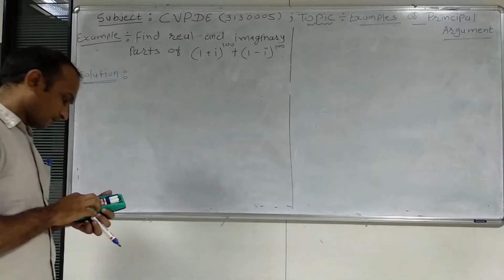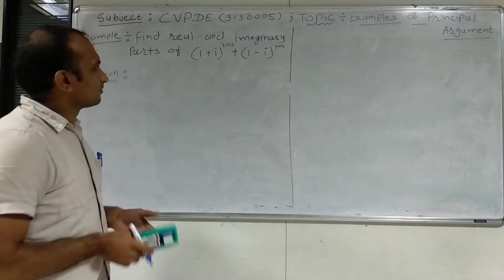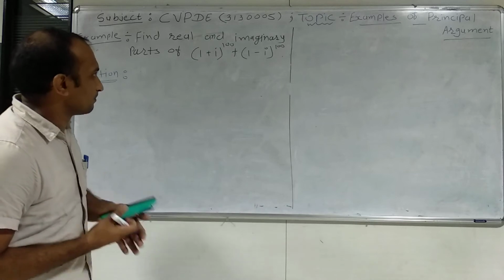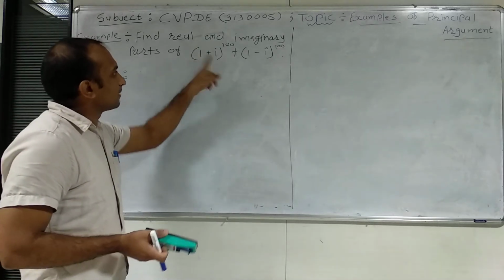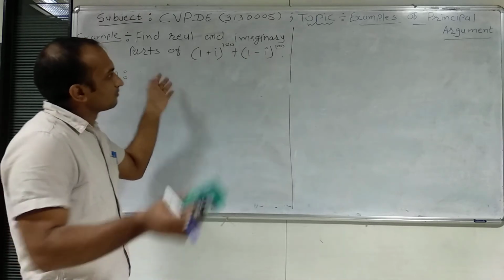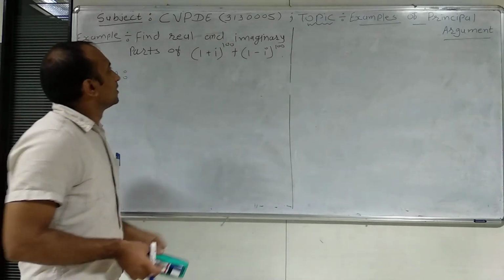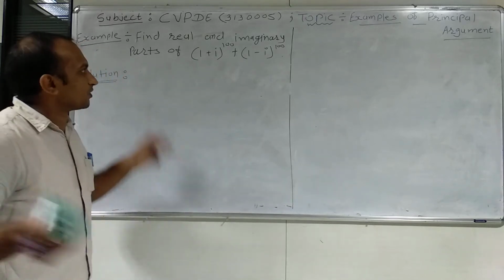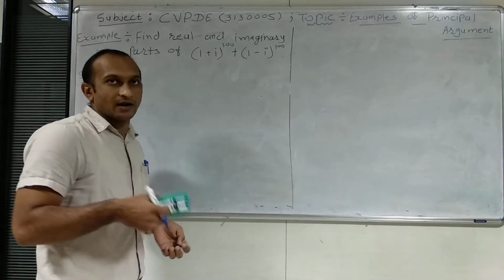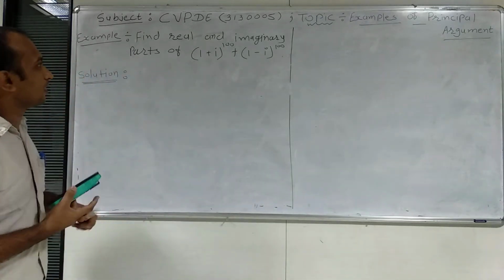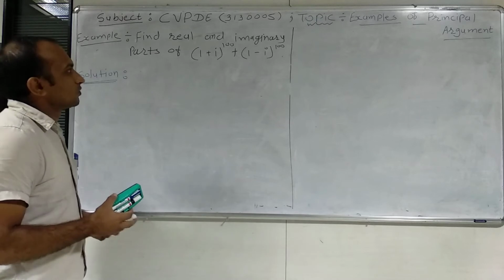Okay. So now, one simple method is to multiply 1 plus i and 1 minus i 100 times each, and then simplify. Then we get the real and imaginary parts. Okay, but it is a very lengthy process, because 100 times multiplication of any number consumes so much time.